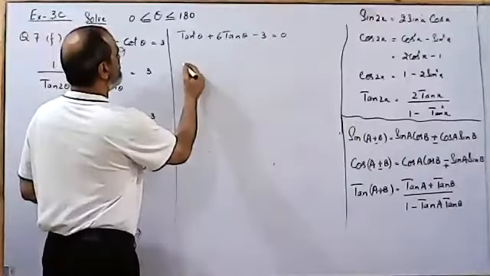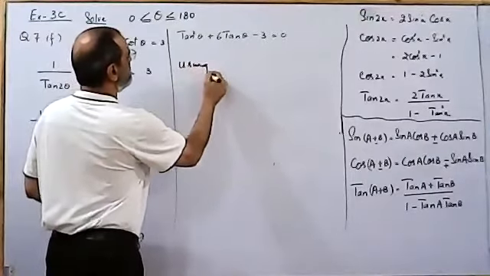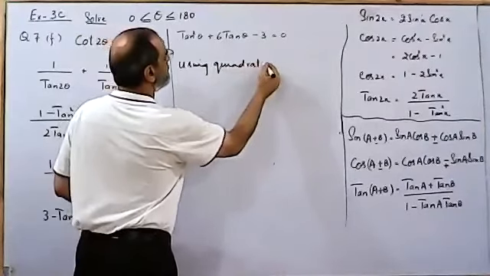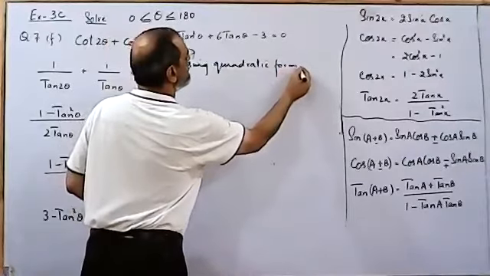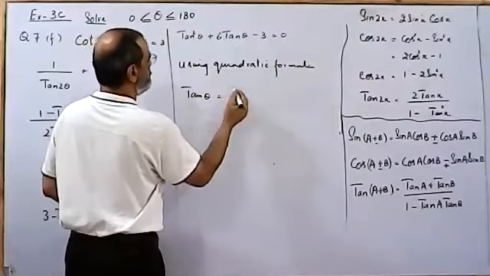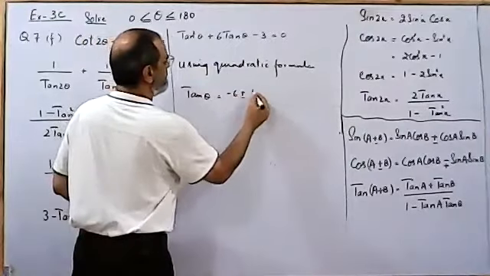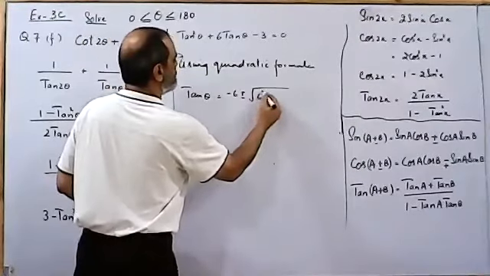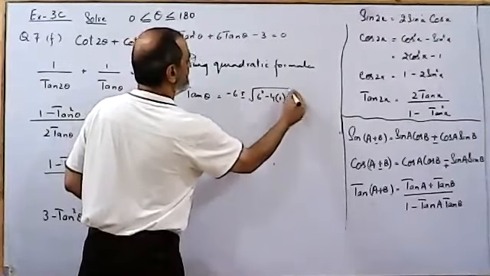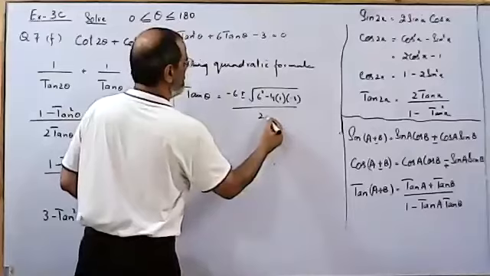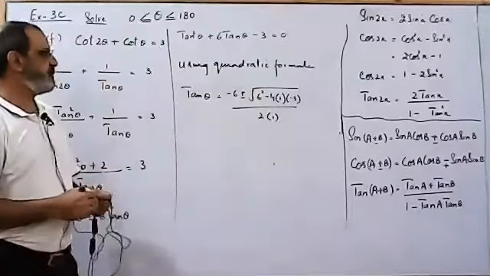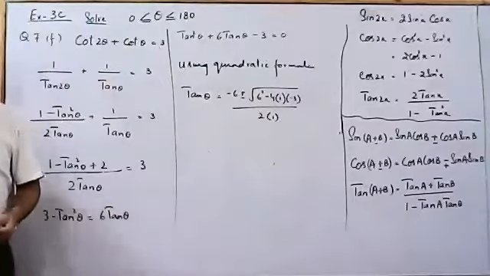Using the quadratic formula, we can say tan theta is equal to minus 6 plus minus root 6 square minus 4ac, divided by 2a. So from this expression, you can find the value of theta.